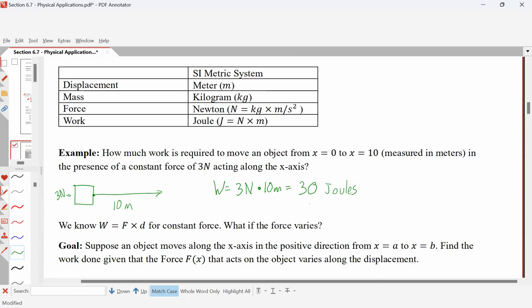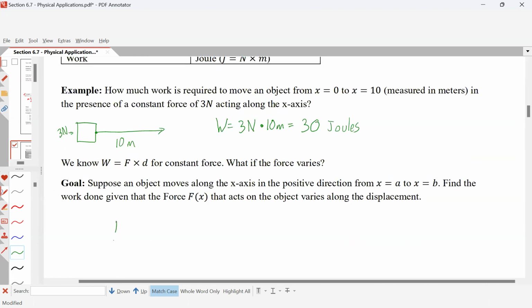But what if the force varies? What if, as the object is being moved, at one point the force is stronger than at a different point? Well, that's where the idea of integrals comes in. So we have this box and we're pushing it along the x-axis from a point A to a point B. And at various points, we have a different force acting on it.